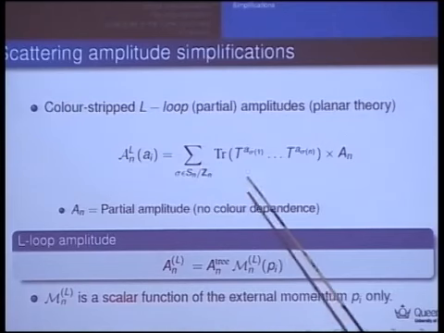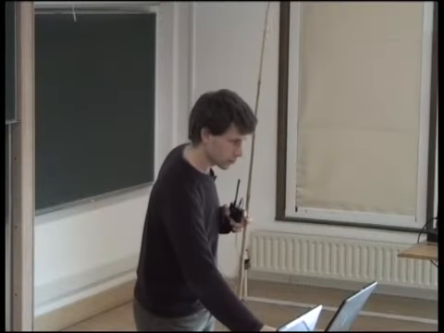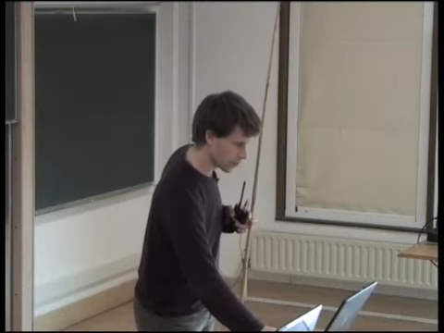Then in N=4 Yang-Mills, the higher loop amplitudes are in fact proportional to the tree amplitudes. It's this M_n that we'll be discussing when we talk about the amplitude. This is all for MHV amplitudes.